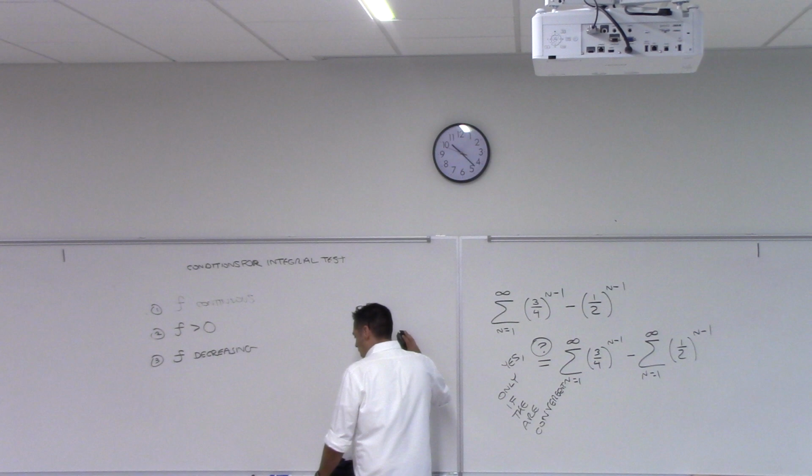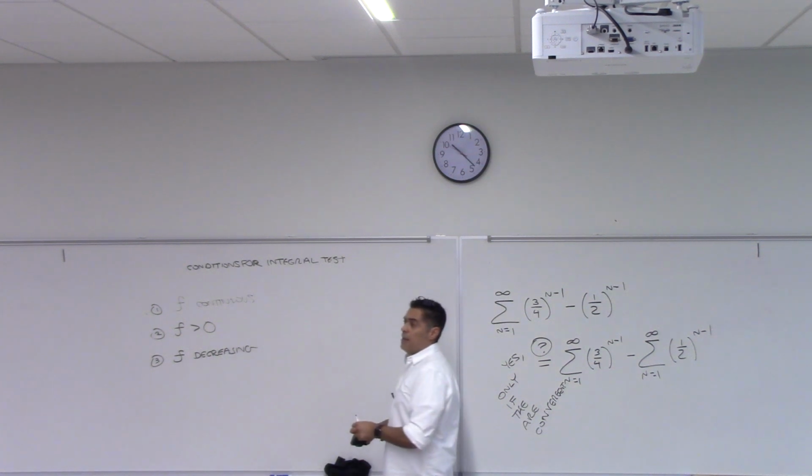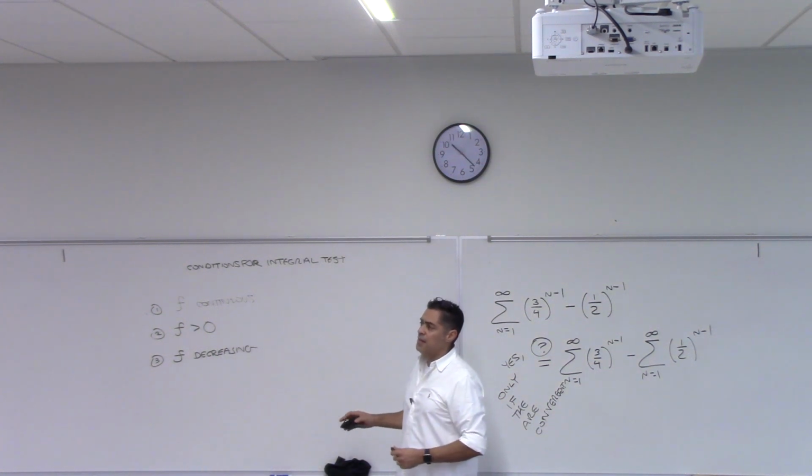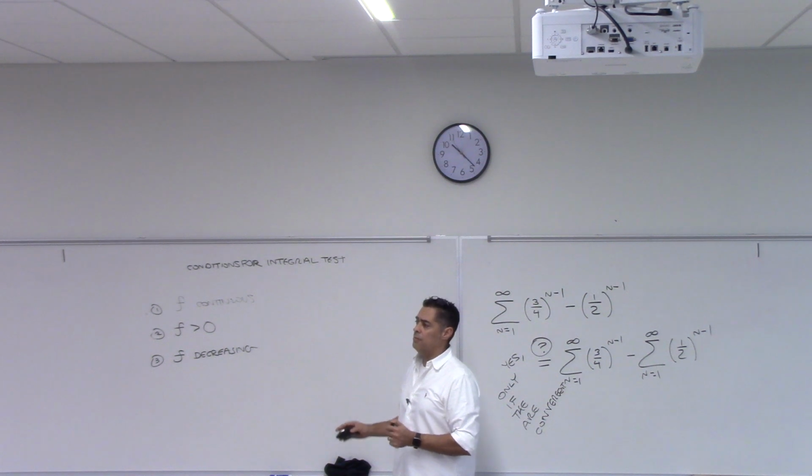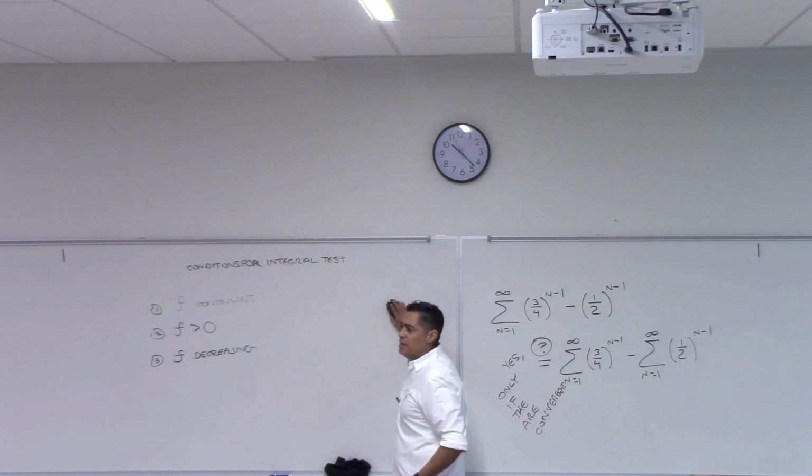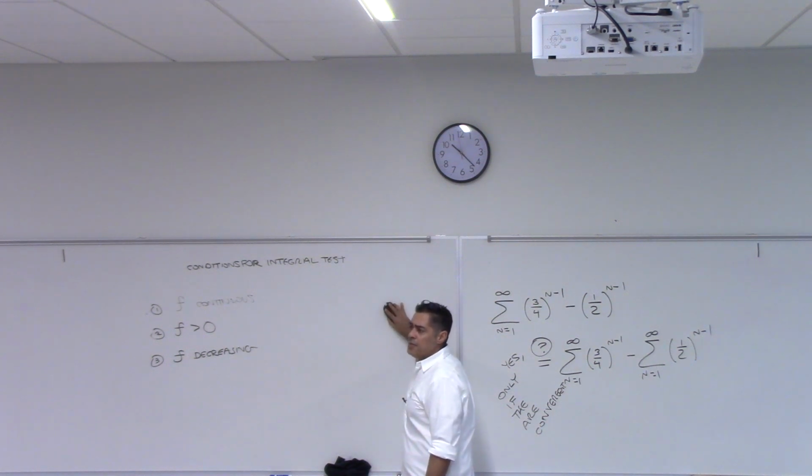All right, this is in our notes. It says integral test, how to use it. I'm going to go through this and highlight it. I'm going to give you a series, and you're going to look at it and go, I don't know what to do with this. What you're going to do is convert the sequence, the formula a sub n, to a function f.